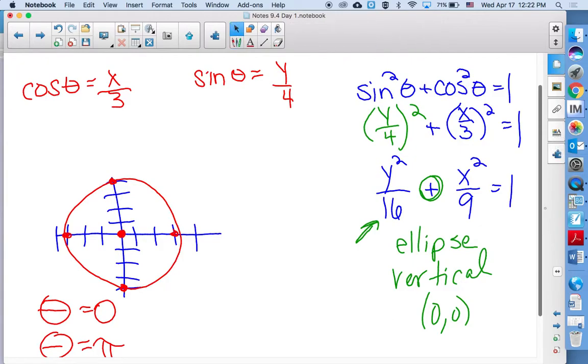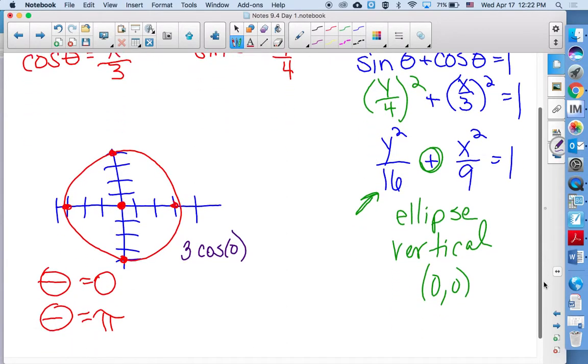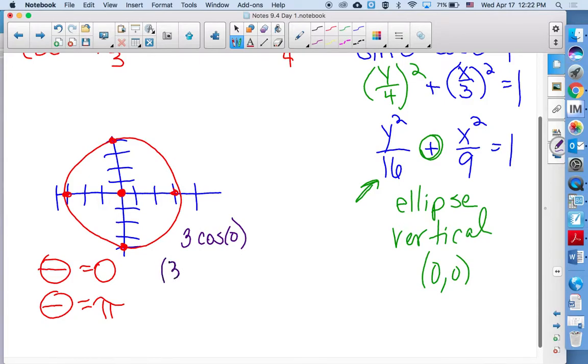All right, so when you plug in 0, you're taking 3 times the cosine of 0. What is the cosine of 0? Katie? 1. The cosine of 0 is 1. So 3 times 1 gives me an x value of 3.